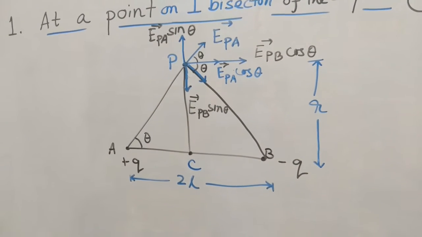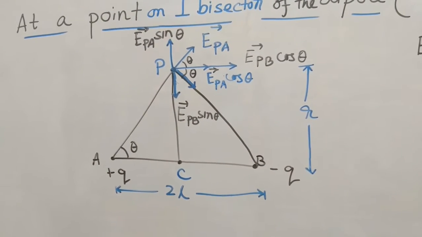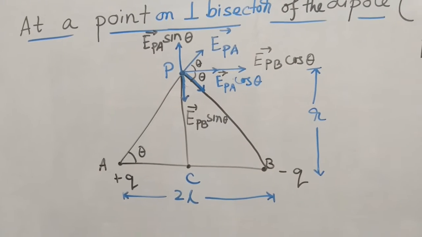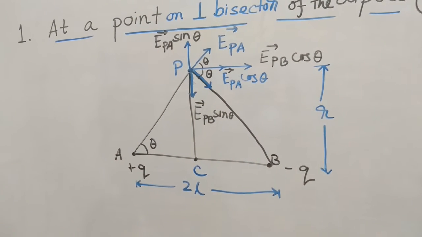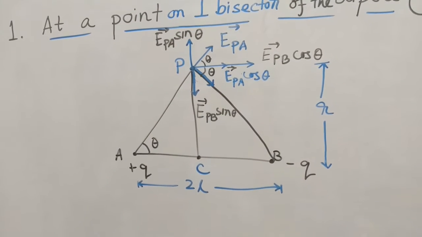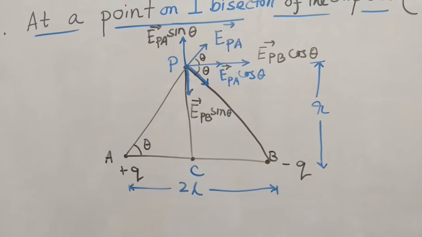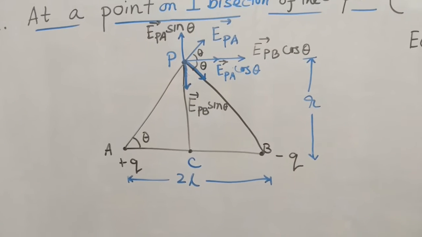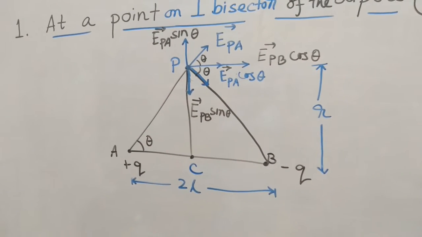Anyway, we have components of EPA, which is EPA cos theta along I cap and EPA sin theta along j cap, and also we have EPB, whose components are EPB cos theta along I cap, and EPB sin theta along minus j cap. This is the diagram, please copy it.